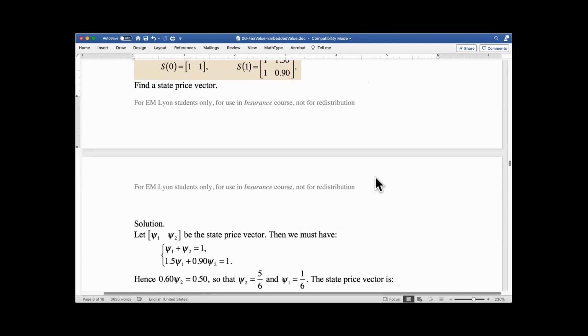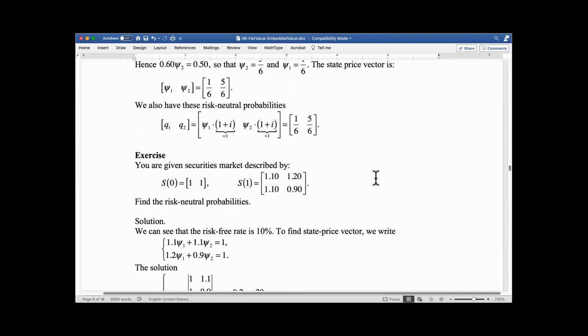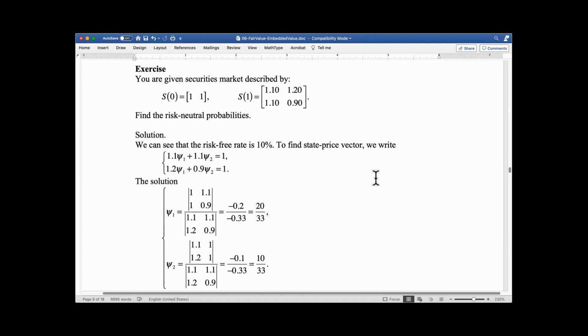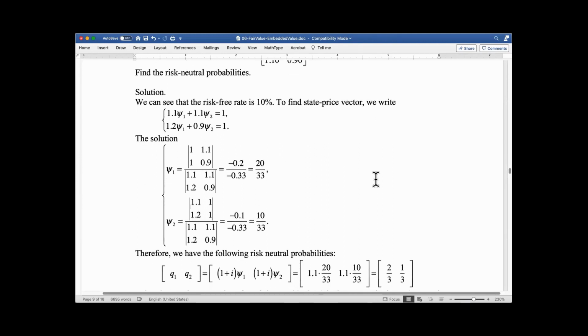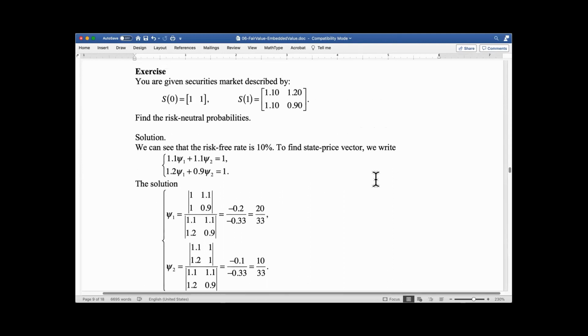And we had 2 such markets already in the 2 problems. In this next problem, we have 1.1, 1.10, 1.10, 1.20, 0.90. Now the risk-free interest rate is 10%. To find the state price vector, we write 1.1 psi1 plus 1.1 psi2 is 1, and 1.2 psi1 plus 0.9 psi2 is 1.